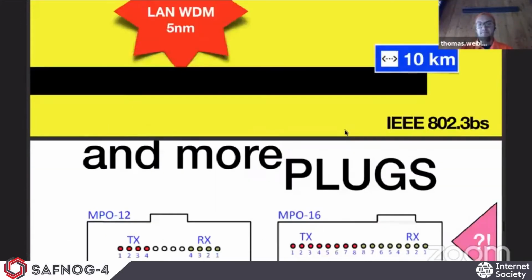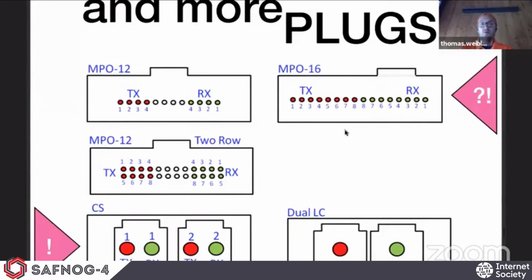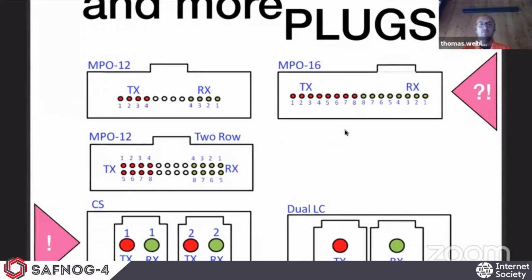Besides that, new plugs are coming again, and it's always a comparison with 100 gigabit. Within 100 gigabit, there was MPO12 or MPO12 two-row plug. This is a parallel plug. And now with 400 gigabit, we need, at least for the multimode way, or even for the PSM solution, the DR4, a way to increase that. For DR4, the MPO12 is sufficient, so we have 4 lanes there, TX and RX.